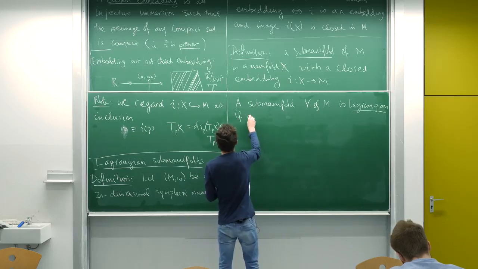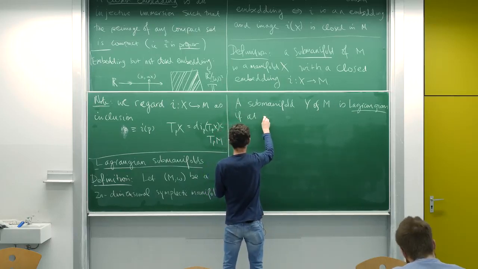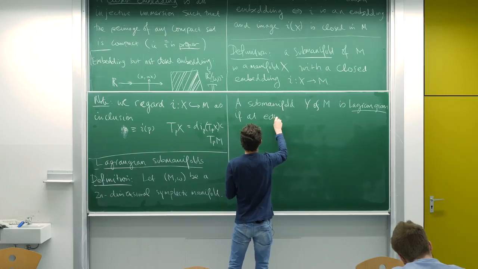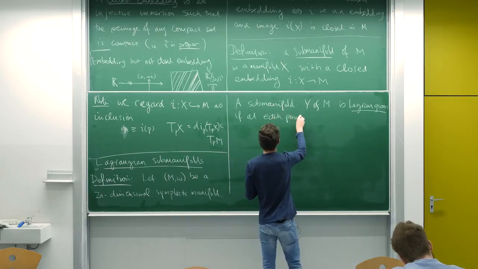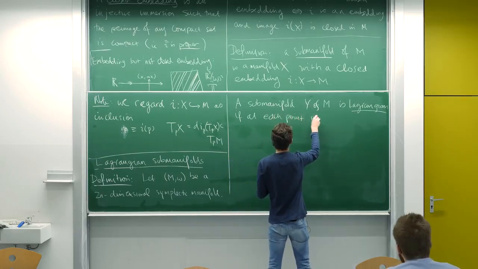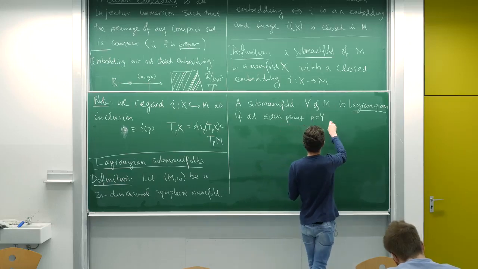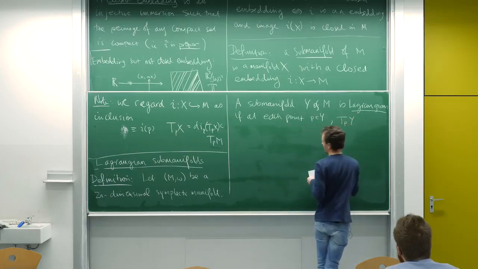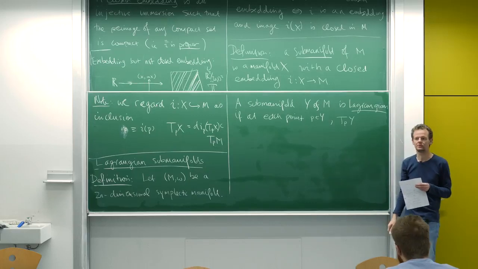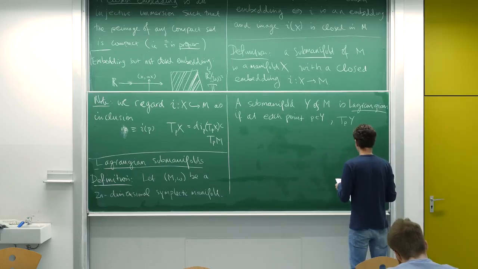So at every point p in Y, the tangent space is a symplectic vector space, right? That's what a symplectic manifold has, the property.